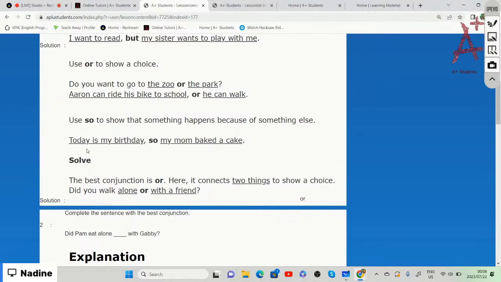So the conjunction is or, and it connects two things to show a choice. Which means that he or she could have chosen to either walk alone or to walk with a friend.